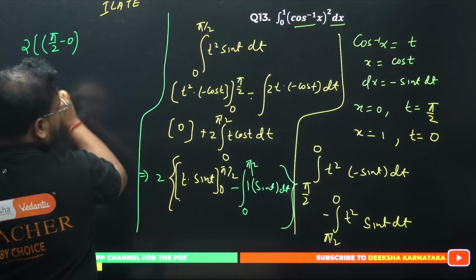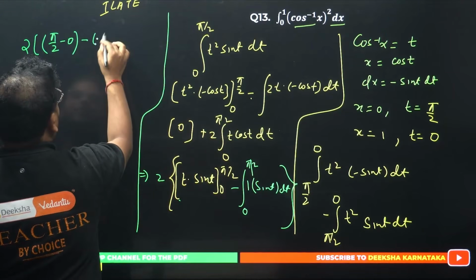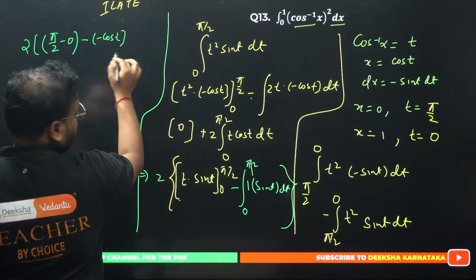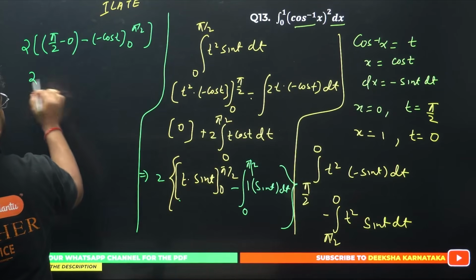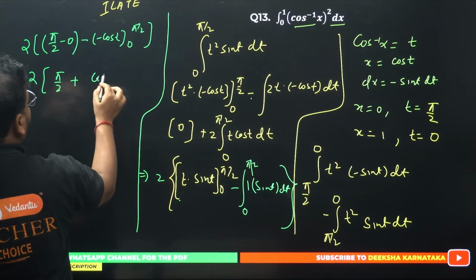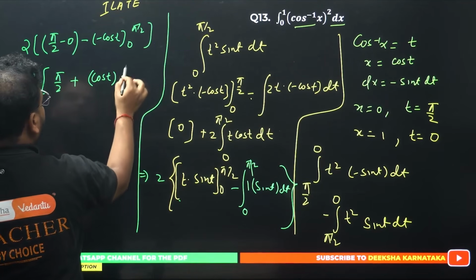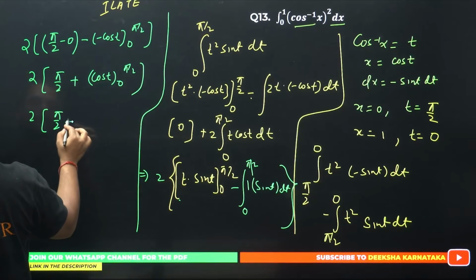Next is what? Integration of this will become again minus cos. So we'll have minus cos t from 0 to pi by 2. One last step. I get pi by 2 left over here. This will become plus cos t from 0 to pi by 2. Twice of pi by 2 minus, sorry, plus.